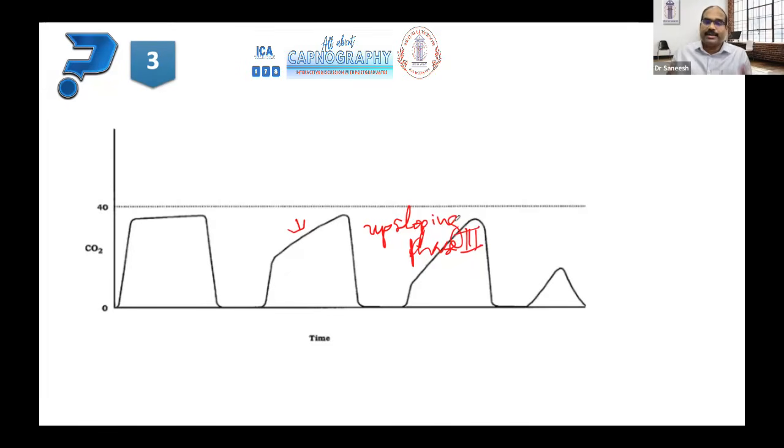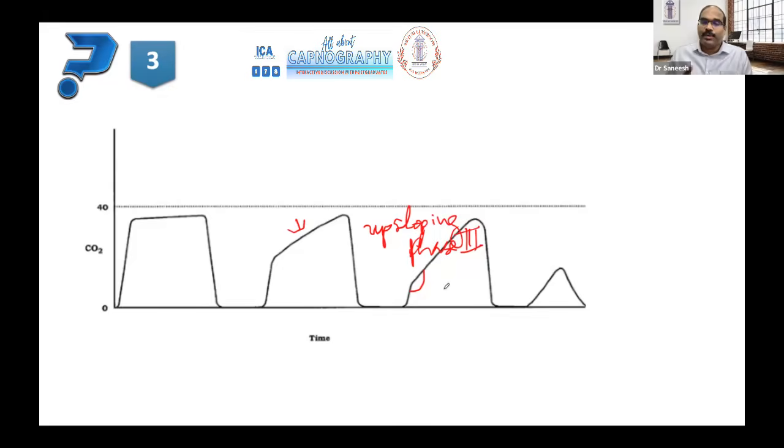The capnography tracing starts very low, and as it progresses, it empties more carbon dioxide. This is what we were referring to as the alpha angle. The normal alpha angle, we have mentioned, is 100 to 110. Now the angle has increased. Depending on the slope, we can make out how much airway expiratory flow resistance is happening.